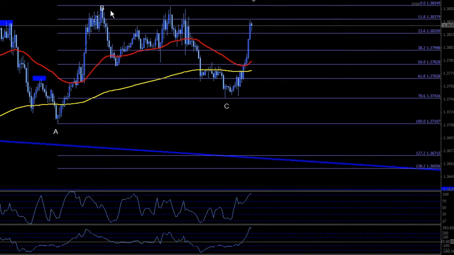So there's our AB. C was here, price rallied up, came back down, tested the 61.8 and the 786, forming a base here first at the 61.8.